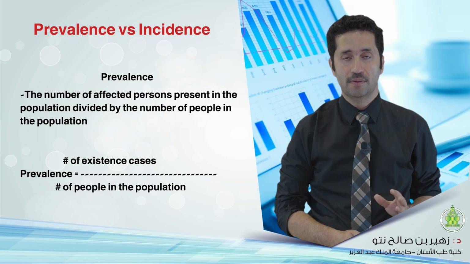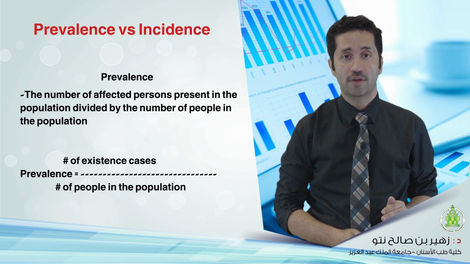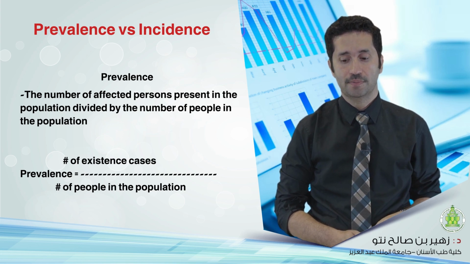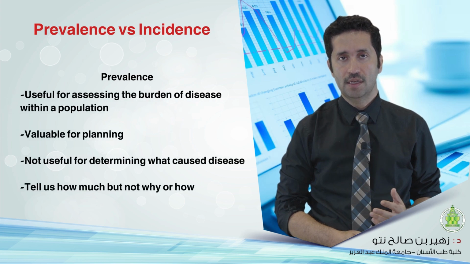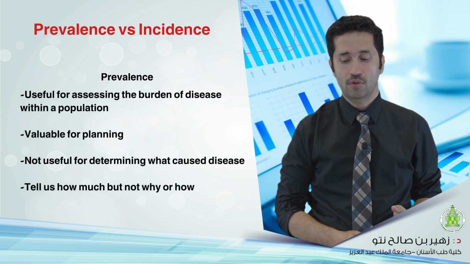In this equation, we can see it depends on the number of cases over the total number of population. Usually it helps during planning, and it's not helpful for determining the cause of the disease. It tells us how much, but not why and how.